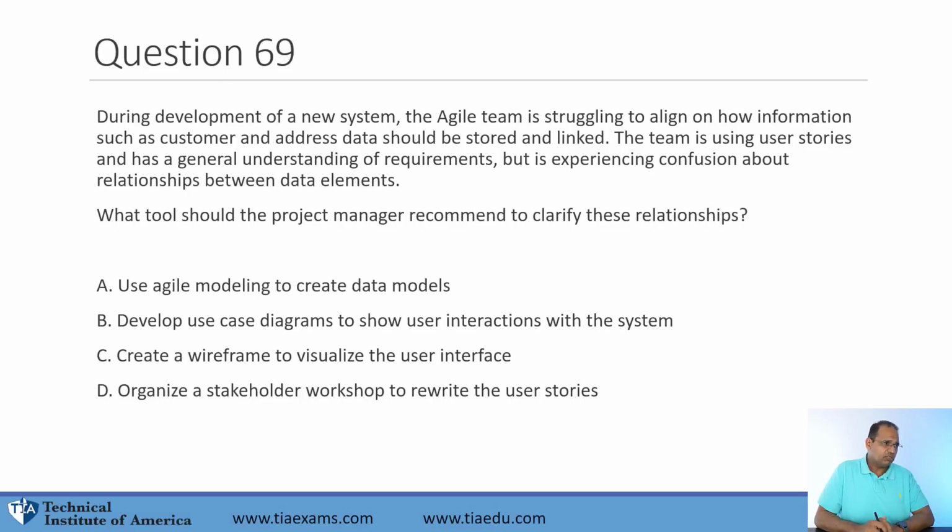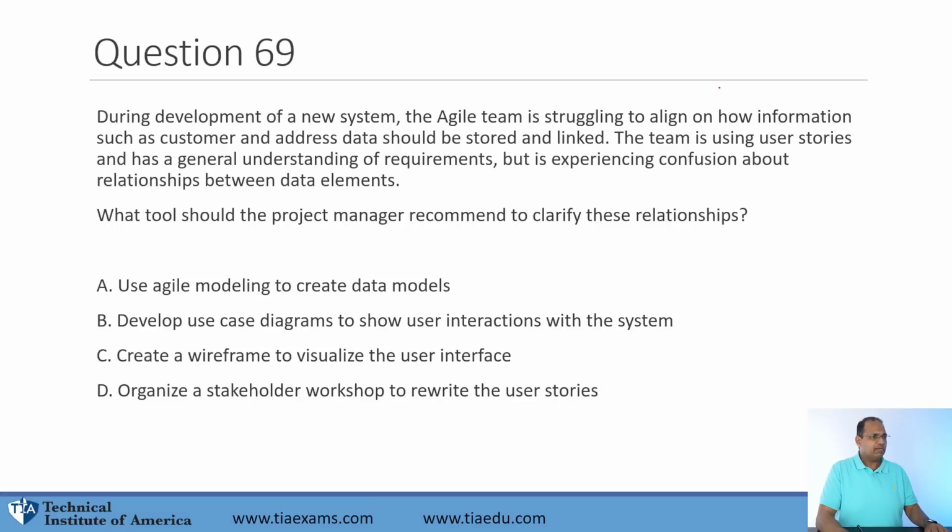What tool should the project manager recommend to clarify these relationships? Use Agile modeling to create data models. Develop a use case diagram to show interactions. Create a wireframe to visualize the user interface. Organize a stakeholder workshop to rewrite the user stories.